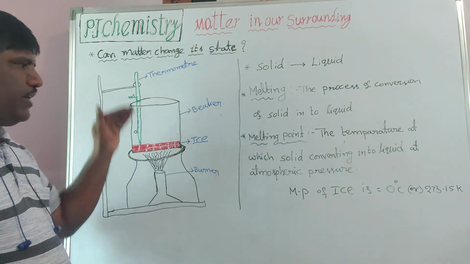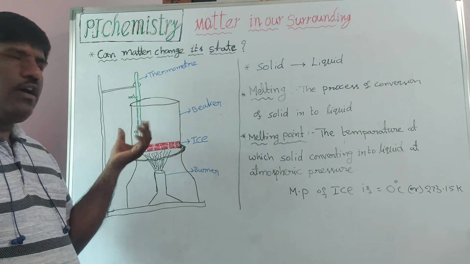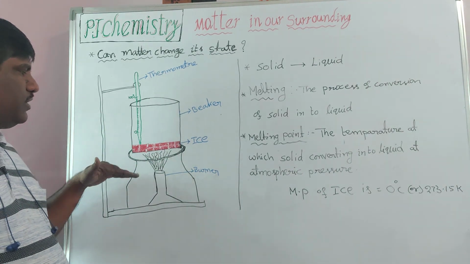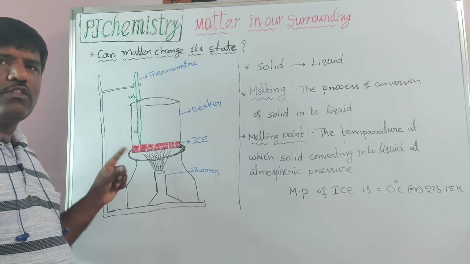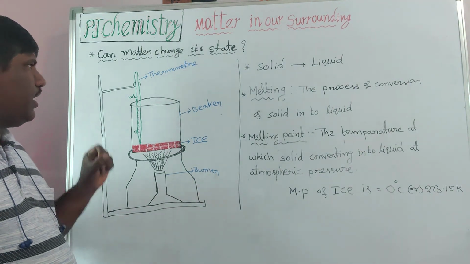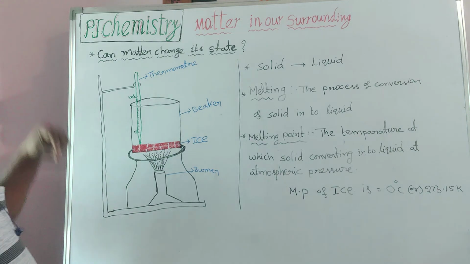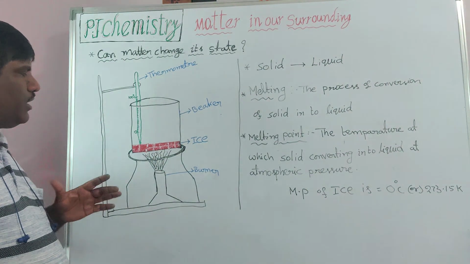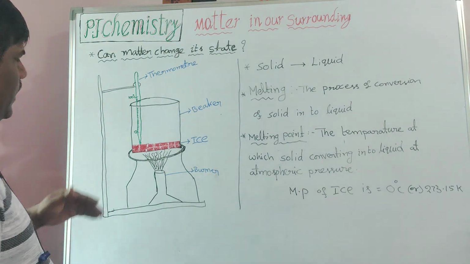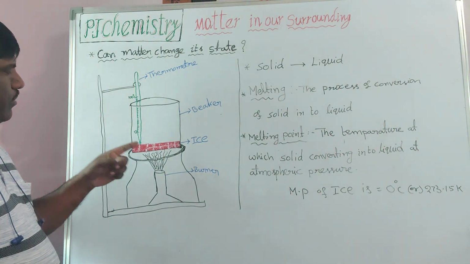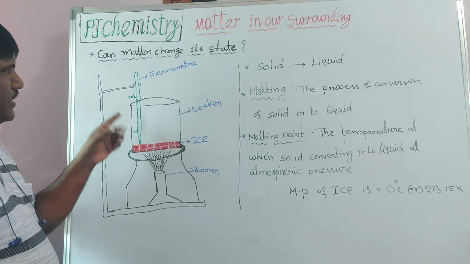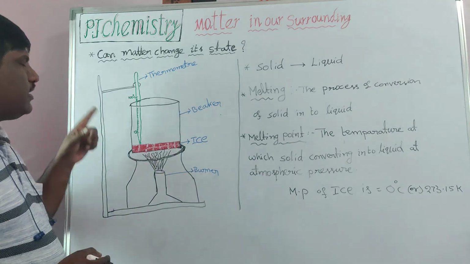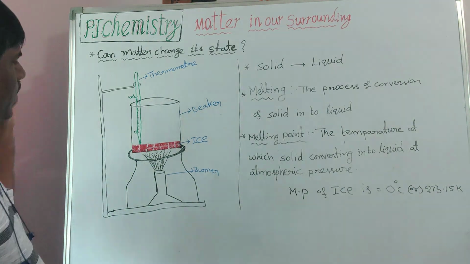Once again, I'll give a brief recap. First, we took ice cubes in a beaker and kept it on a Bunsen burner, through which we give heat. Before that, we placed a thermometer on the surface of the ice cubes. While continuously giving heat, we cannot notice any rising temperature in the thermometer, because we are giving heat from the bottom.